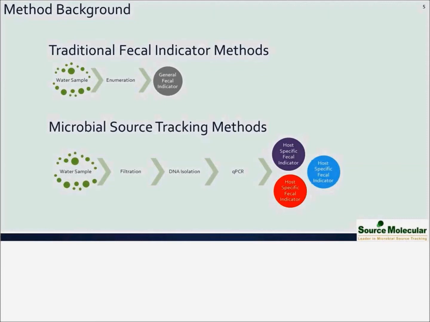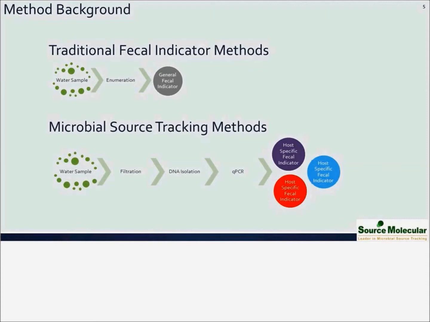Over the last nearly 30 years, this has been an emerging and very active area of research across the country and internationally. How do you get better insight? How do you do it better than just telling somebody you have pollution? A lot of resources have been put into this question. And as of today, the current state of science is the recovery, filtration, and isolation of DNA in a sample.